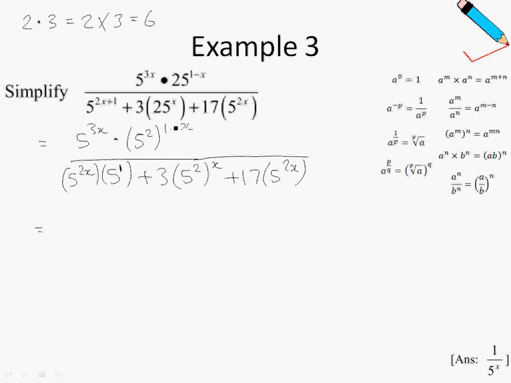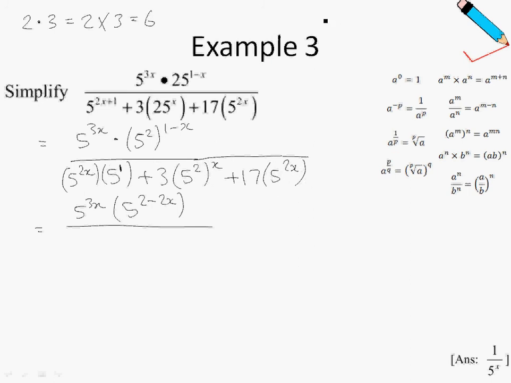What I'm going to do next in the numerator, I shall multiply these powers together using this law that you see over here. So I have 5 to the power of 3x, 5 to the power of 2 minus 2x. Okay, and in the denominator, I'm going to factorize out my 5 to the power of 2x.